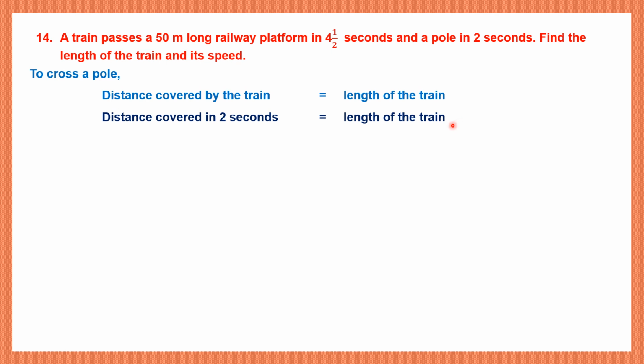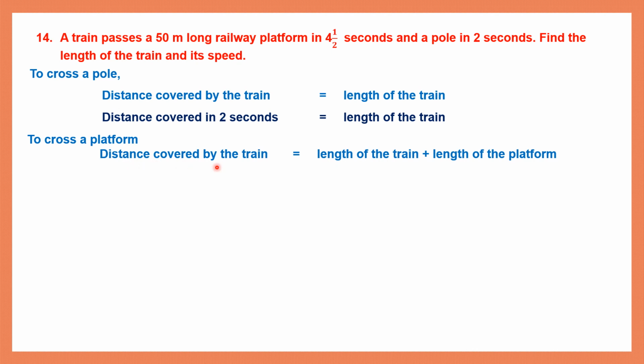Now, to cross a platform, the distance covered by the train is equal to the length of the train plus the length of the platform. You've learned this earlier, isn't it? So here the distance covered in 4.5 seconds is equal to the length of the train plus 50 meters. What is 50 meters?